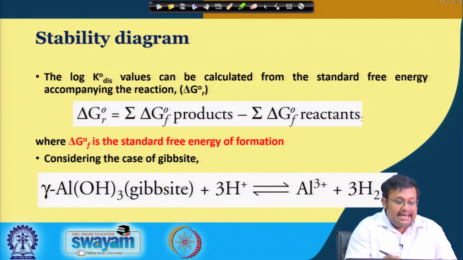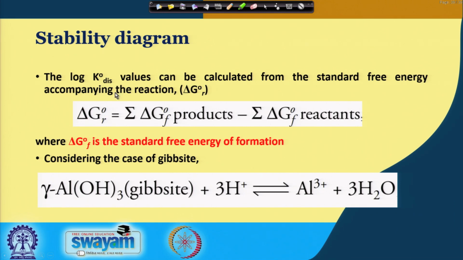So, as you can see, the log K0d, that is the thermodynamic dissolution constant, can be calculated from the standard free energy accompanying the reaction, which is denoted by this. The standard free energy of reaction can be calculated by this equation.